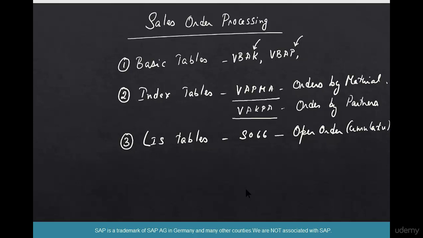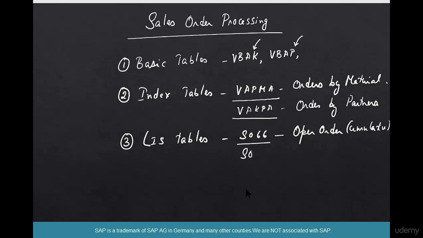You can grab them again from VBAK by aggregating all those rows and then saying, okay, this is how much they have ordered. But no, that's an expensive operation. So SAP in parallel makes an entry and updates the S066 table with the open order cumulative quantity.